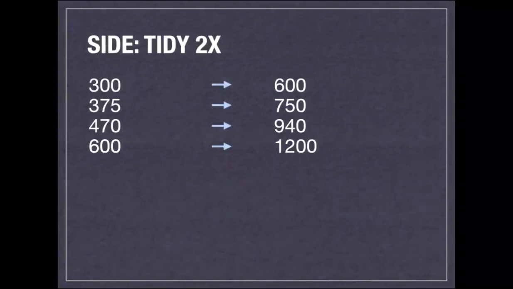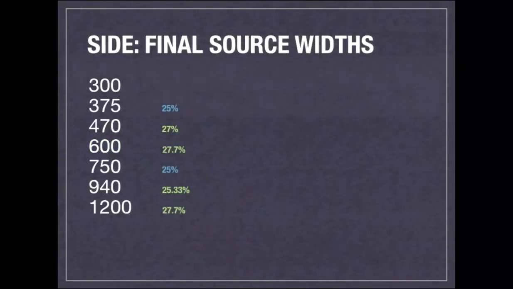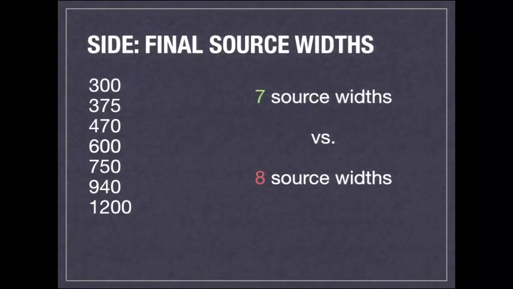Then I start doubling things, and I only have one thing I don't need to create, 600 showing up twice. So we're still in line with the 25% when we have our full list of images, both for high resolution and non-high resolution. And we're at 7 image styles that we're going to have to create instead of 8. So that's how we figure out what kind of images we need.